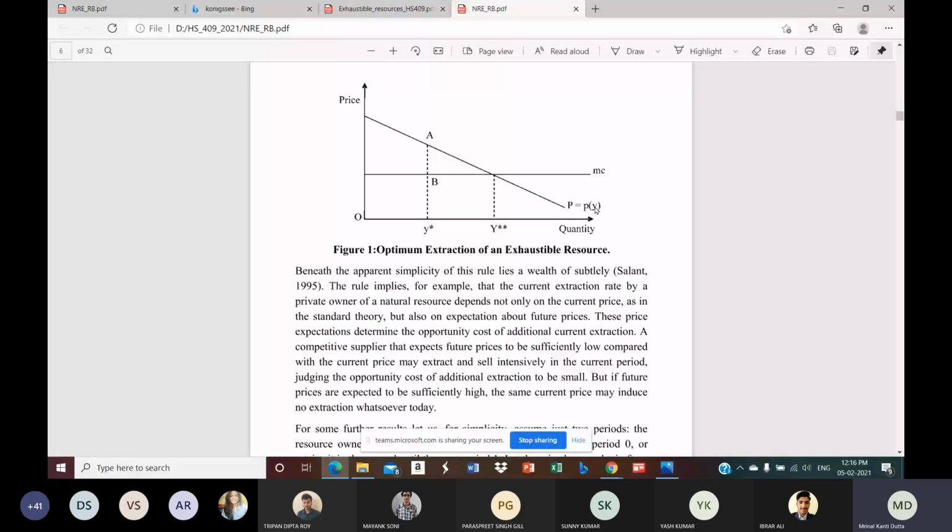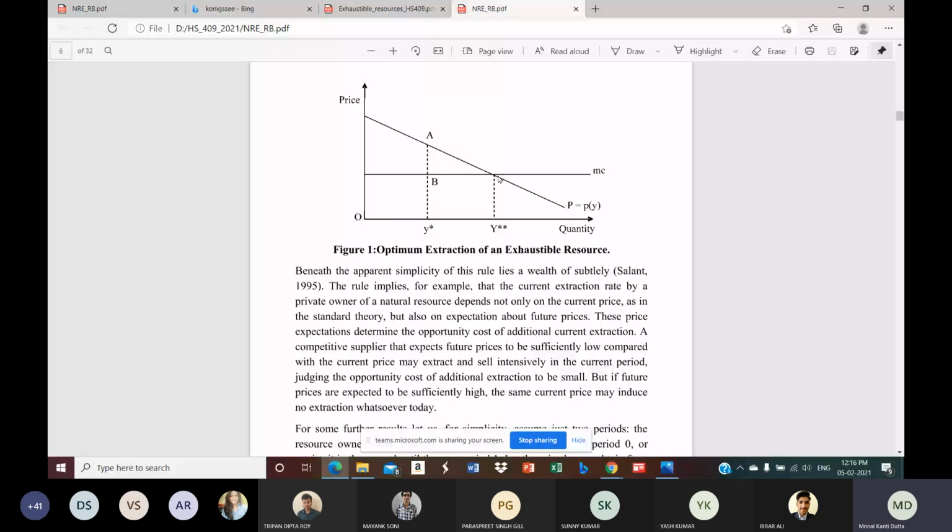the people out there. Now here, if we look, we find that there is a marginal cost curve, an MC curve. That basically shows the marginal cost of extraction of the resource, or maybe providing the resource. Now, if we take only MC into account, then the marginal cost and demand curve intersect at a point, which ultimately gives an output given as Y double star.